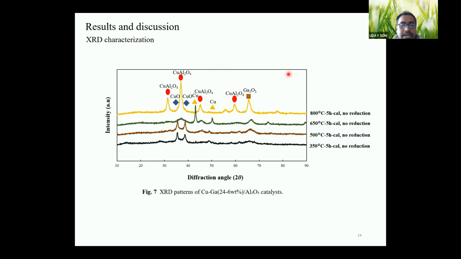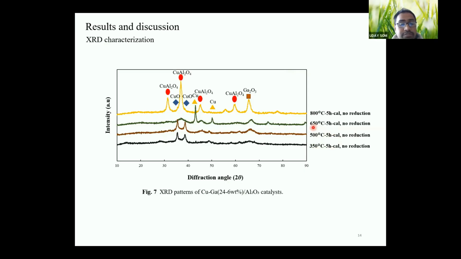After that, in these slides, I try to show the XRD characterization of my catalyst. There are different calcination temperatures: 300, 500, 350 degrees centigrade, with 5-hour calcination and no reduction. Then the 500 degrees centigrade calcination for 5 hours, no reduction.